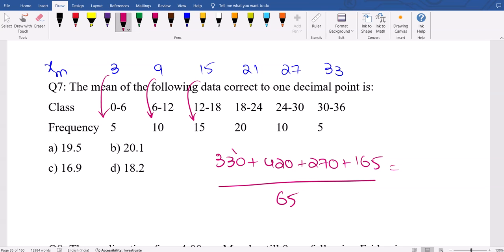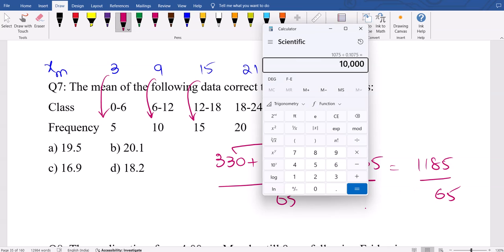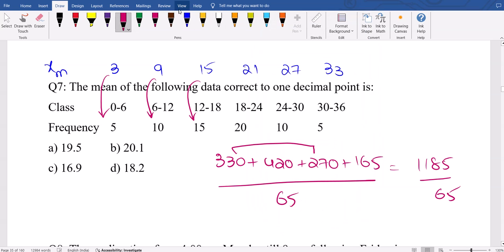So numerator already this is 600, 1020, 1185 divided by 65. Approximately, this is less than 20 only for sure. 18.23. They asked to correct to one decimal point, so after the dot we need only one digit.